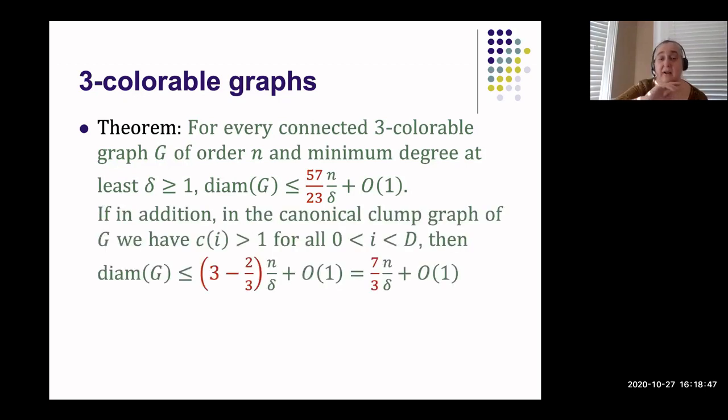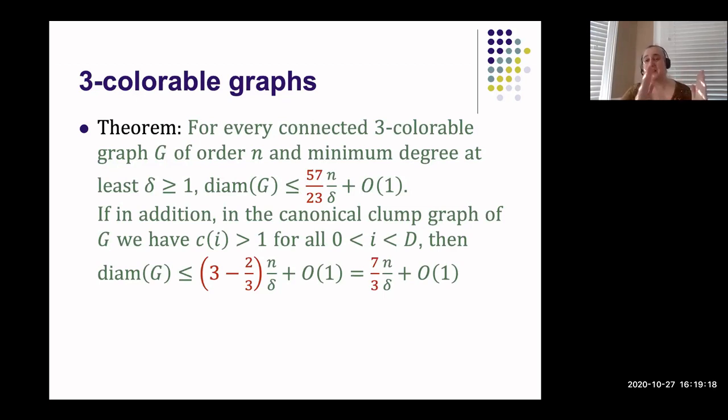In particular, if in the canonical column graph of G the only layers that have just a single color are the first and the last one, then we actually can prove the bound that we think is correct, 3 minus 2/3. This is actually annoying, because the only example we know that gets close to this upper bound is full of layers which have just a single color.